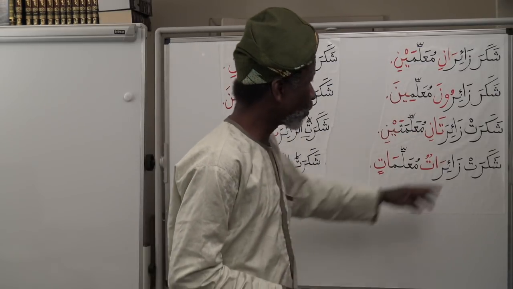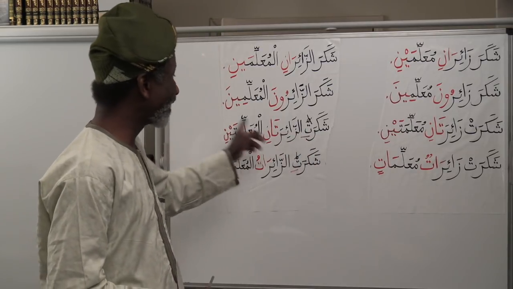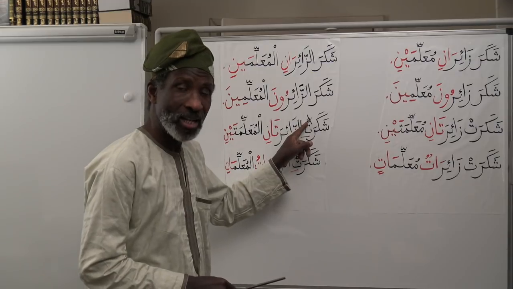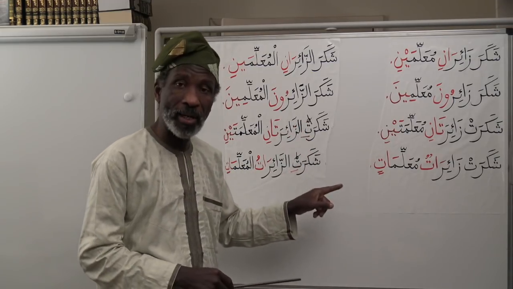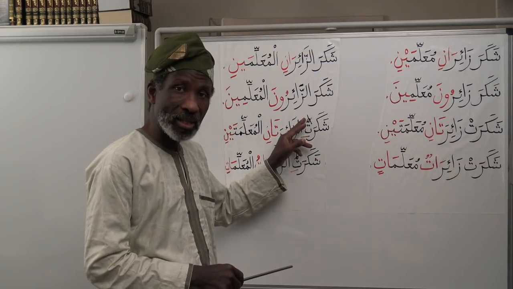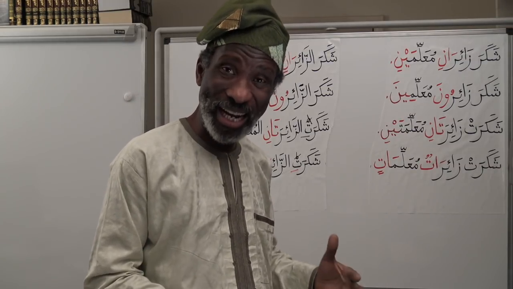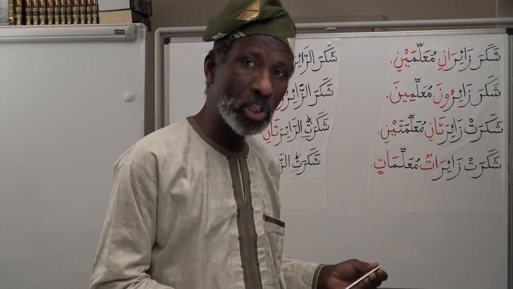Now, the feminine is shakarat zairatani muallimataini. Here also, shakarat zairatani. Here, I put sukun originally, and then we need to delete that because we have the shadda coming. So if we have shadda after this sukun, which is the ta maftuha in the conjugation, shakarat, we need to delete that and replace it with the kasra. More explanation of that kind of thing will come much later.